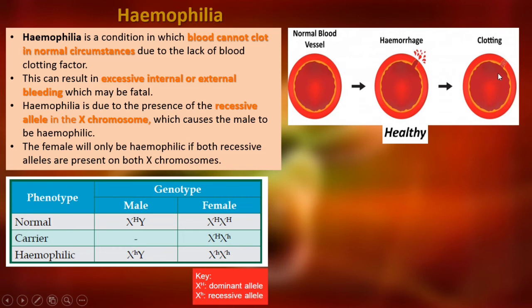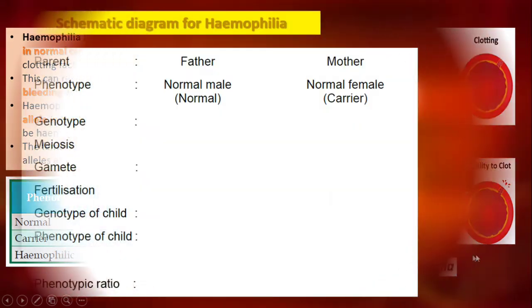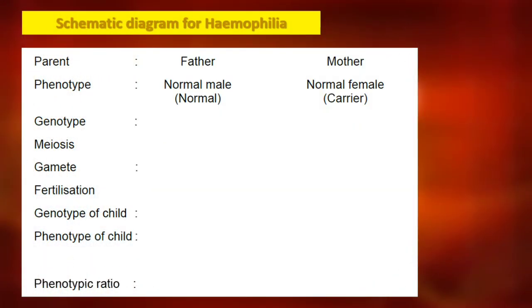So this is the schematic diagram for hemophilia. Okay, normal father X capital H Y. Okay, normal female carrier, X capital H, X small h. Okay, meiosis. This is the gamete, and the fertilization we produce here.